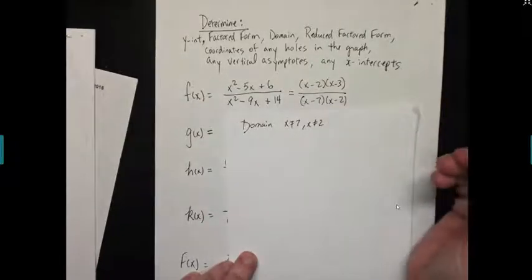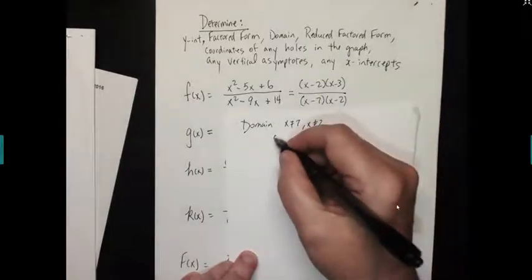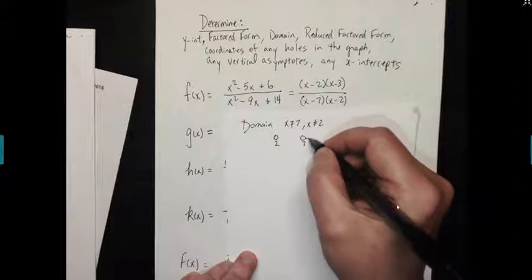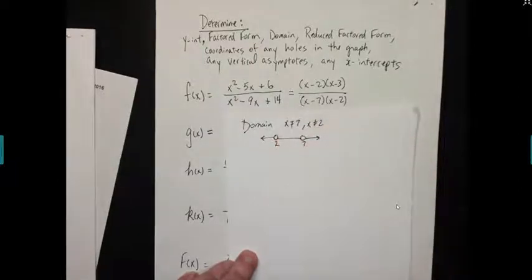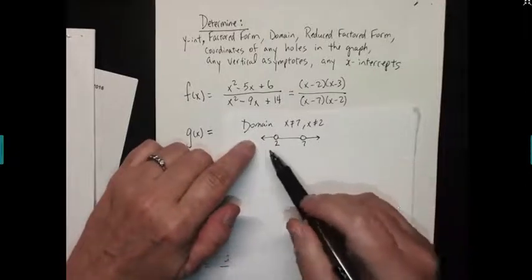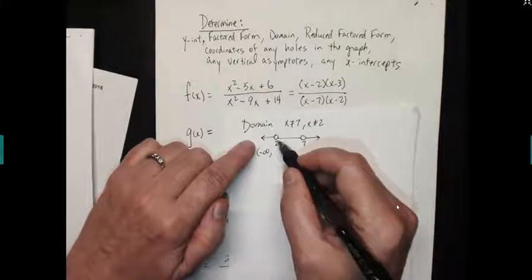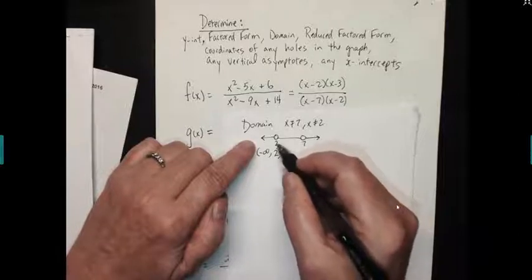Now, if you're required to put that in interval form, where would this look like on a number line? Well, on the number line, it can be anything except 2 and 7. And so how would you write that in interval form? Well, going from left to right, start at negative infinity, and then go up to, but not on to 2.